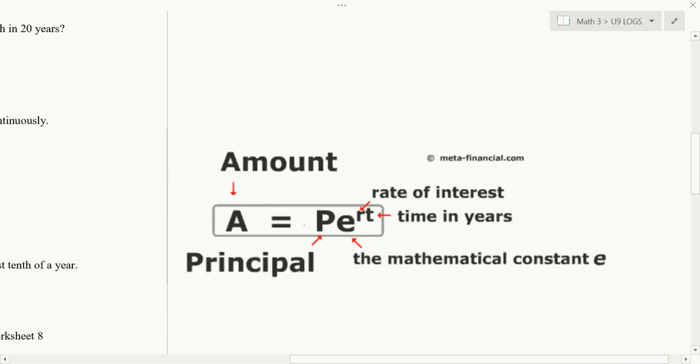So A equals P times e to the power of RT, where A is the amount that you get, P is the principal invested, e is your mathematical constant. Remember, it's roughly 2.7. R is the yearly interest rate, and T is how many years it's invested.